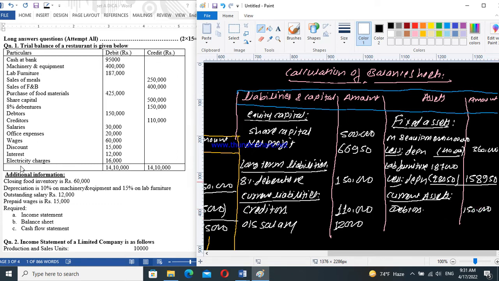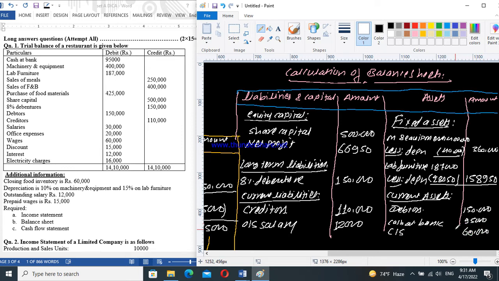And next one we have cash at bank, 95,000. And next one we have closing stock, CS. Closing stock we have 60,000.